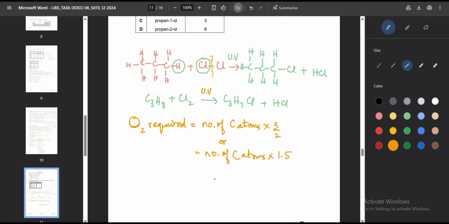Okay, to represent the number of carbon atoms, we can use N. So N represents the number of carbon atoms. All right, now we just have to put in the formula.